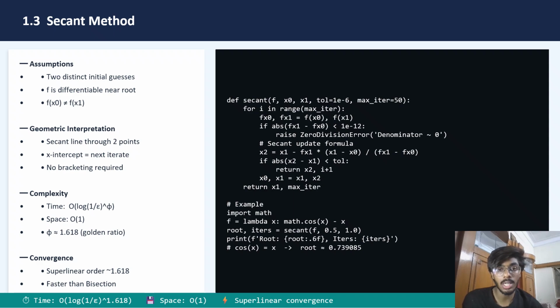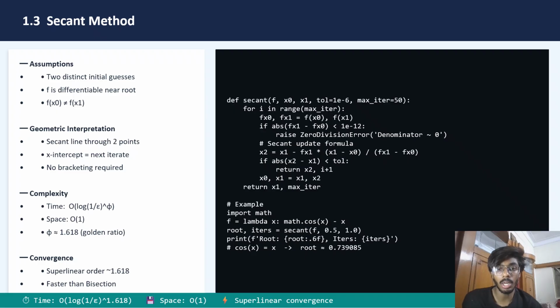The code is such: we create a function secant, we take the input as parameters, and we continue with a loop for the max iteration, in which we take f0 and f1 equal to f of x0 and f of x1. We initiate these both, and if the absolute of f1 minus f0 is less than tolerance, then we raise a zero division error where the denominator is 0.